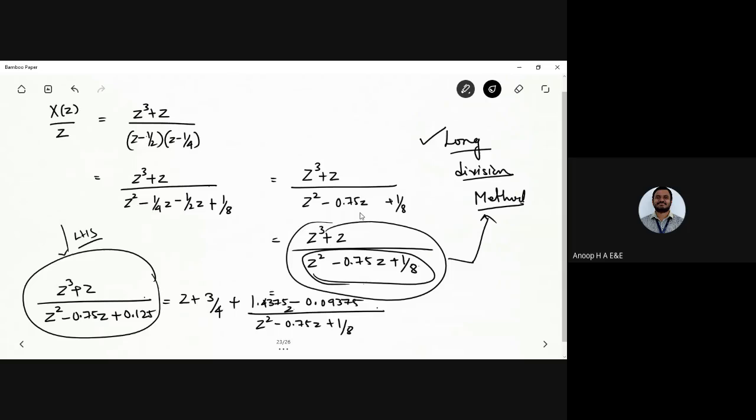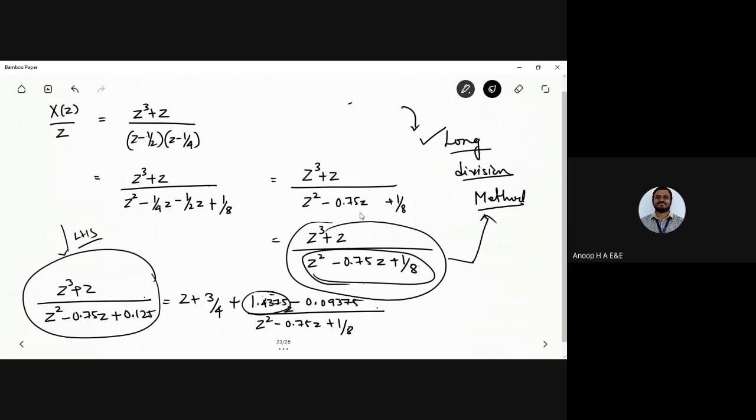So z plus 3 by 4 plus 1.4375z minus 0.09375 over the denominator. Keep it in fractions or in decimals, it is fine, I don't mind. See to it that you follow the long division method.